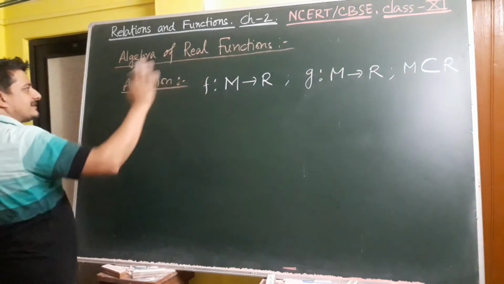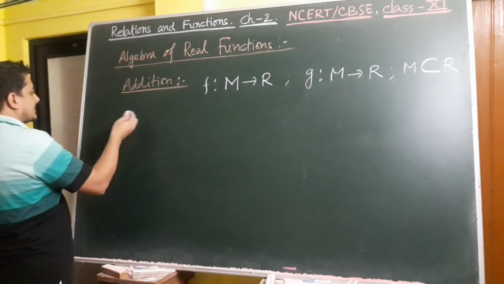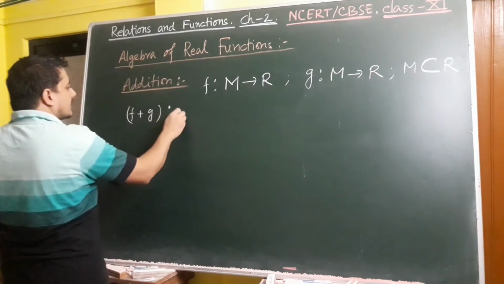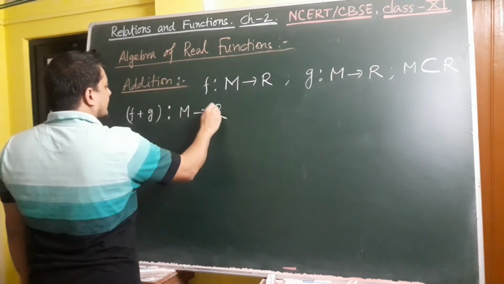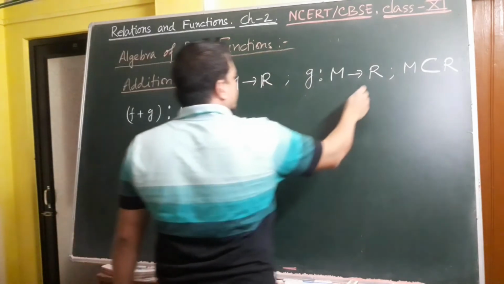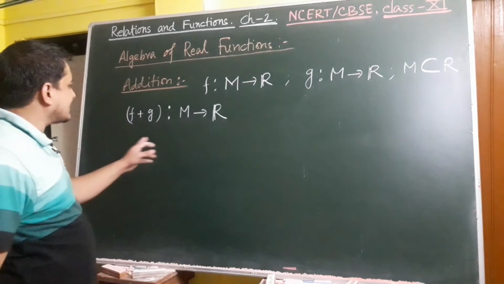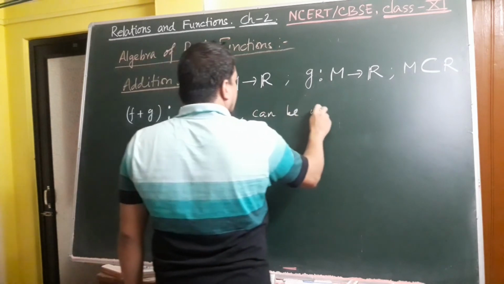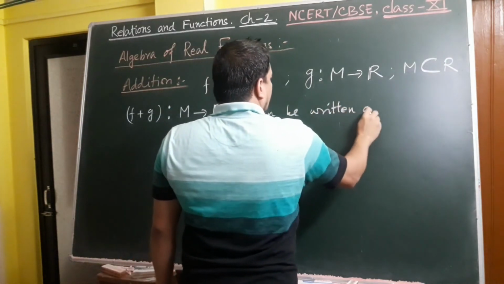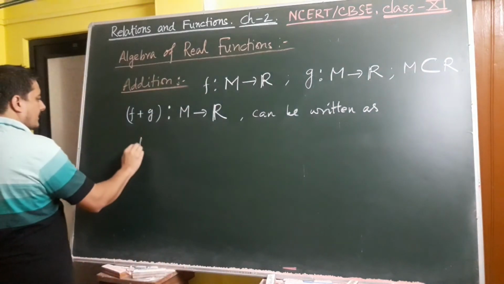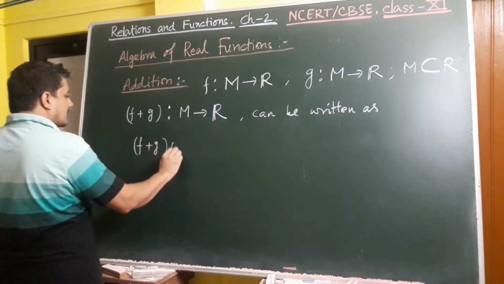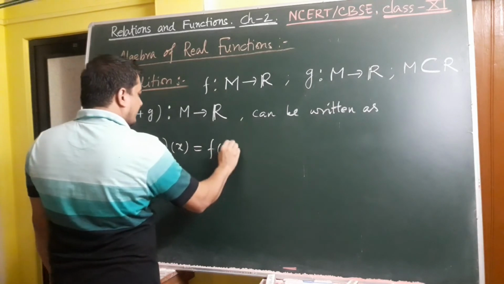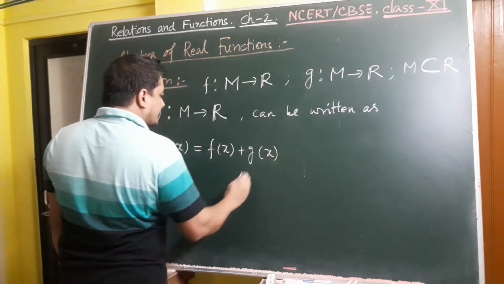Then the function f plus g from M to R, the set of all real numbers, can be written as (f + g)(x) = f(x) + g(x).